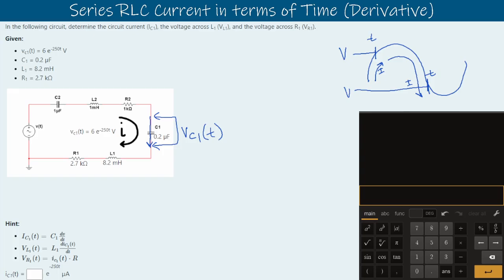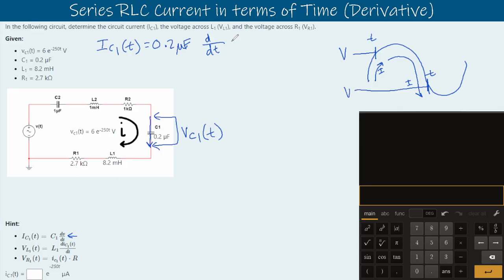Our first step is to apply IC1 in terms of time, which gives us this little equation down here. We'll say that the current through the C1 capacitor in terms of time is equal to C1, our capacitor value, which we're given as 0.2 microfarads. Then they give us this d over dt, so we'll write that in, and the little v is on top.